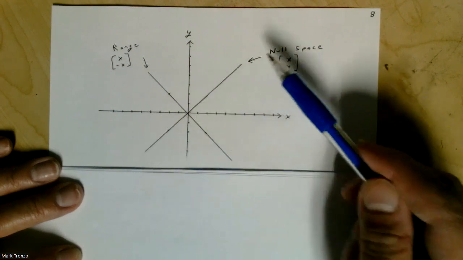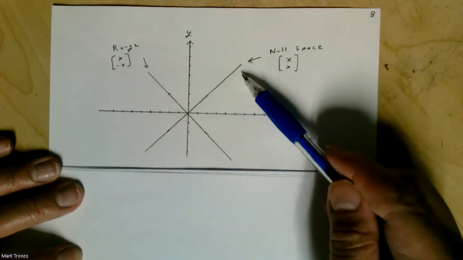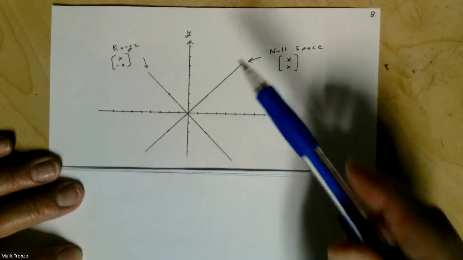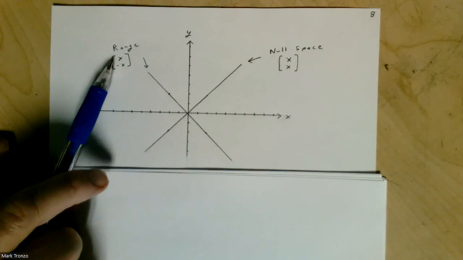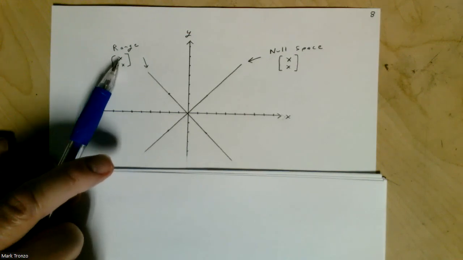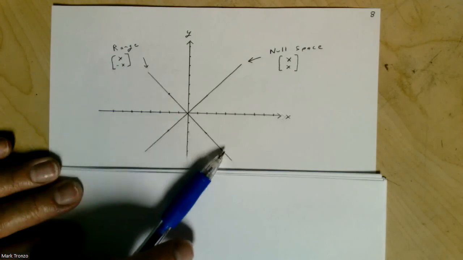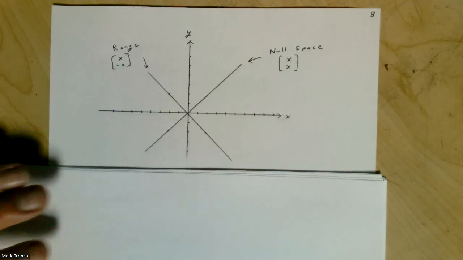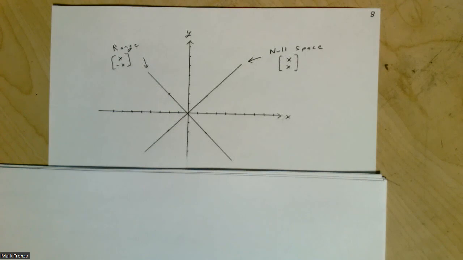I just plotted that along here. So this is the null space. And then the range, remember that was x, minus x, and it had a basis of 1, minus 1. I plotted those here, just to give you a pictorial view of that.